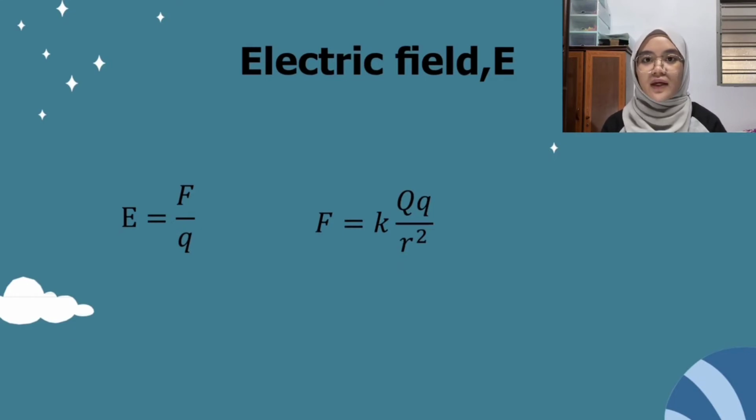In fact, you can plug the equation for Coulomb's law into this equation in place of F, and if you do, you will see the magnitude of the test charge cancels out, and we are left with an expression that relies solely on big Q. E equal to K Q over r to the power of 2. Now we have an equation to calculate the electric field generated by any point charge.